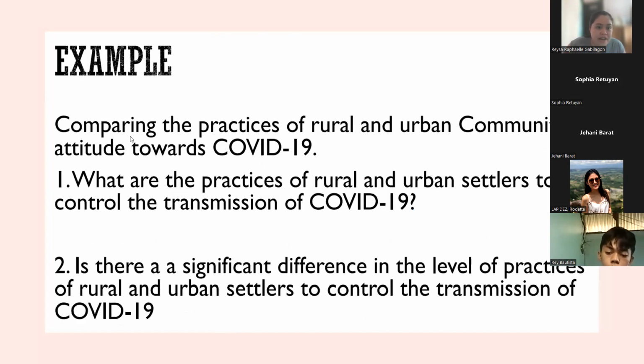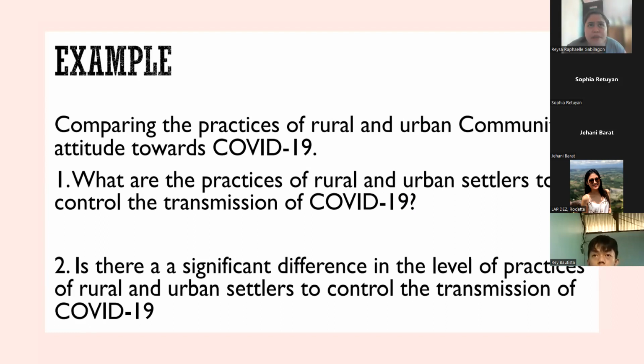Okay? So we have this following example. We have comparing the practices of the rural and urban communities' attitude towards COVID-19. So yung number one question sa SOP, what are the practices of rural and urban settlers to control the transmission of COVID-19?